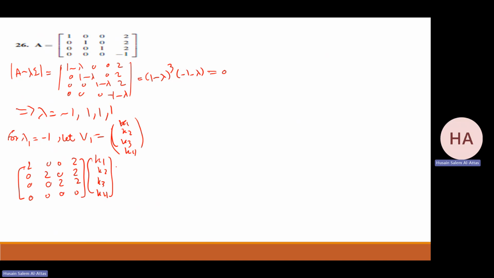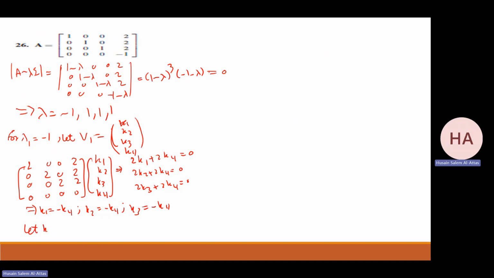That gives me 2K1 plus 2K4 equals 0, and 2K2 plus 2K4 equals 0, and 2K3 plus 2K4 equals 0. So K1 equal minus K4, K2 equal minus K4, K3 equal minus K4.